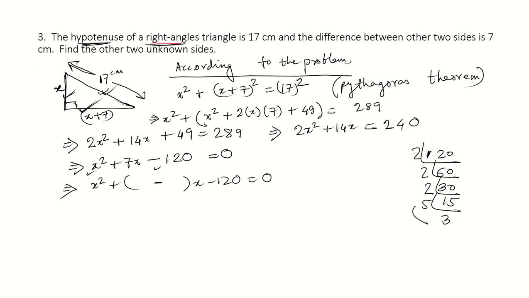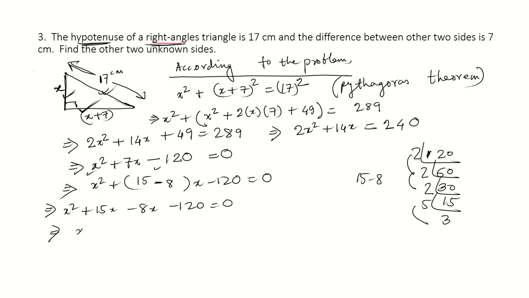If I take 15, 2 cross 2 is 4, 4 cross 2 is 8. So 15 minus 8 will give us 7. So we will write 15 minus 8. From here we get x squared plus 15x minus 8x minus 120 equals 0.